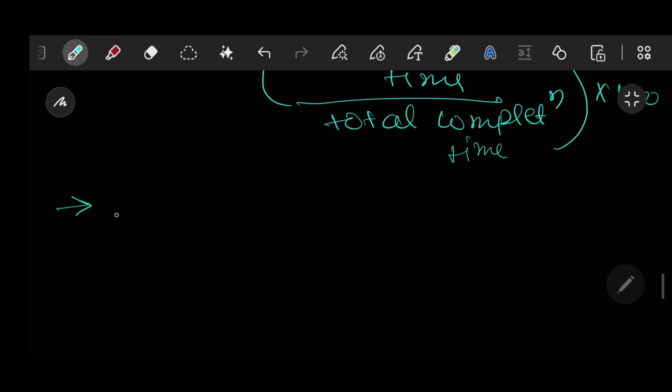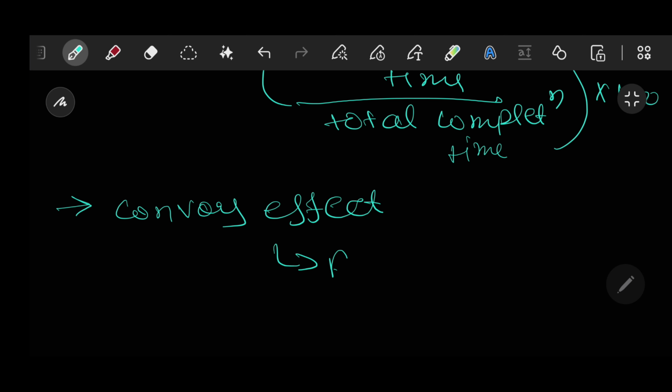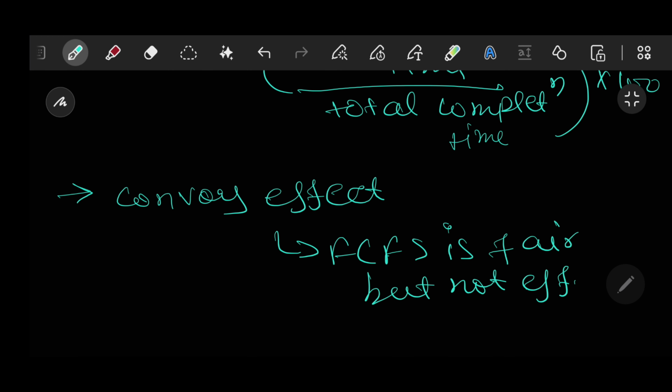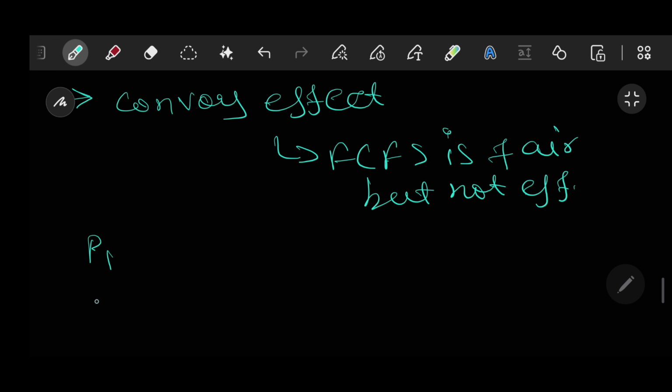The last terminology we are going to discuss is convoy effect. Basically, FCFS is fair but not efficient. For example, if we have three processes P1, P2, P3 with burst times 100, 2 and 2 and arrival times 0, 1, 2.